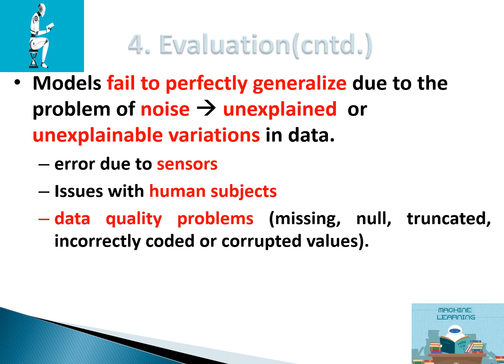So in the evaluation stage, the model can be checked for any noise, what the problem is for a particular error, and whether there is any data quality problem like missing, null or truncated data. All these things can be identified in the evaluation stage.